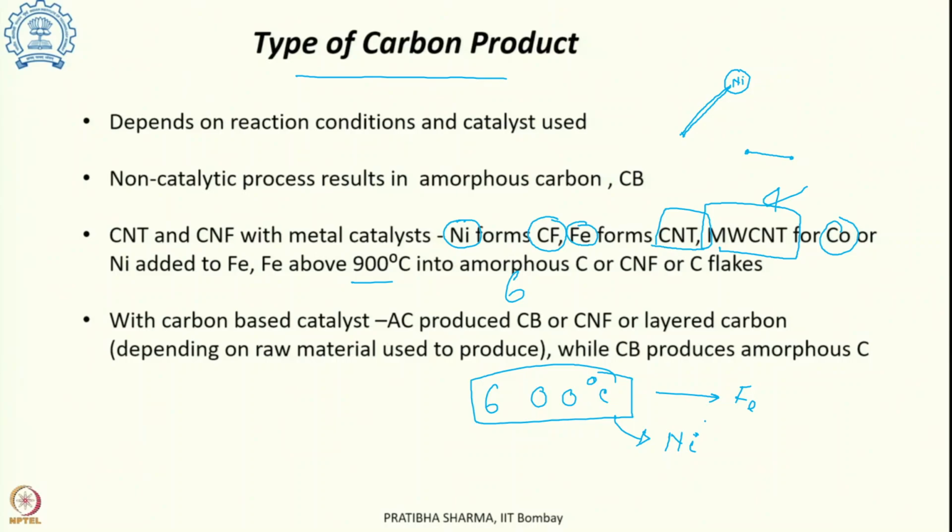Iron is stable up to 900 degrees centigrade and above, but nickel cannot be stable up to 900 degrees centigrade. Suppose I tell you the reaction is at 900 degrees centigrade, which catalyst will be used? Obviously nickel will not be used, because nickel is not stable at 900 degrees centigrade, but iron can be stable. Is it clear? Yes, sir.